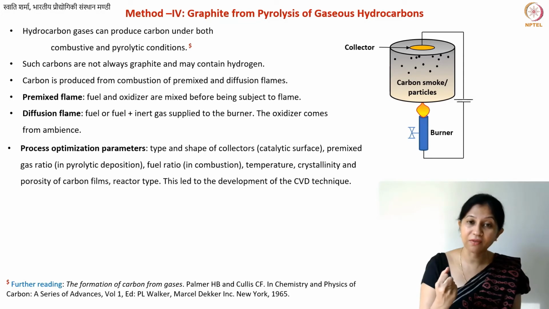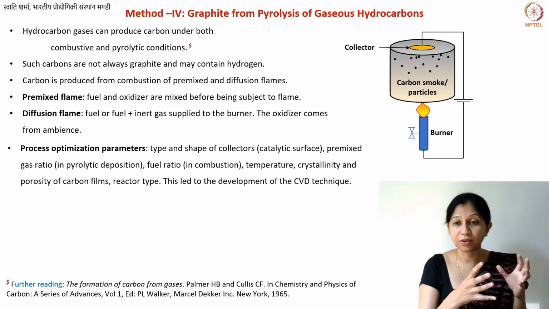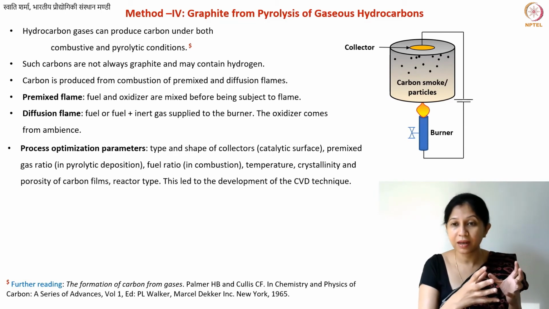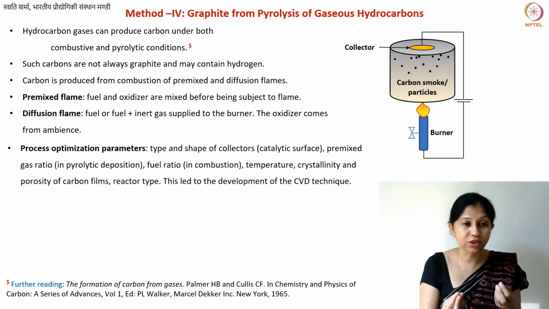Now, of course, when you have the premixed flame, you will change the ratio of the gases. Whatever your fuel is, that is the source of your pyrolytic deposition, so you will change the ratio of that. You can also change the ratio of the carrier gas. You will change the temperature.